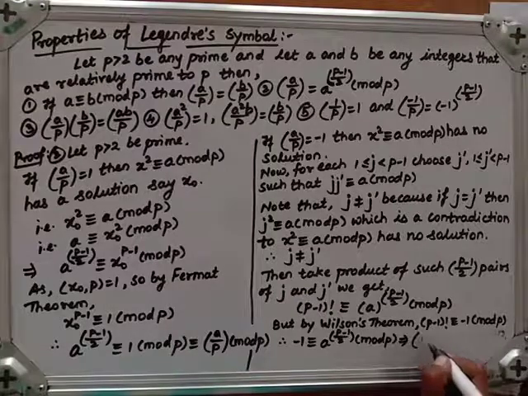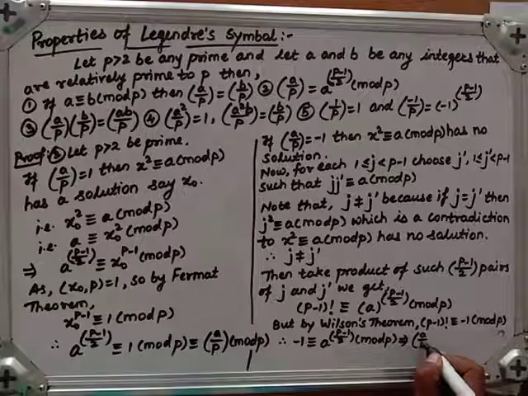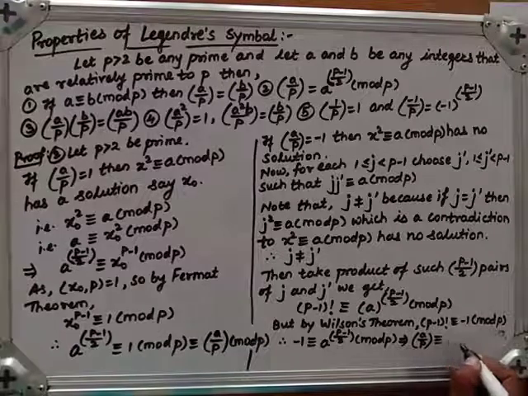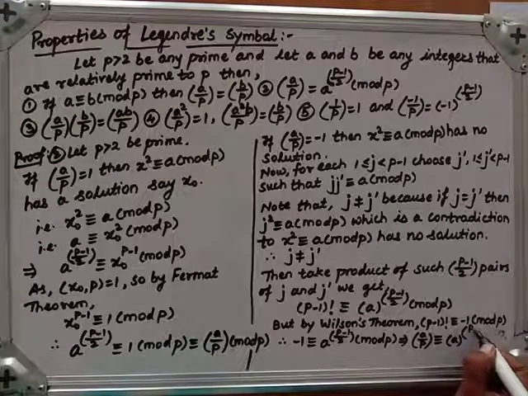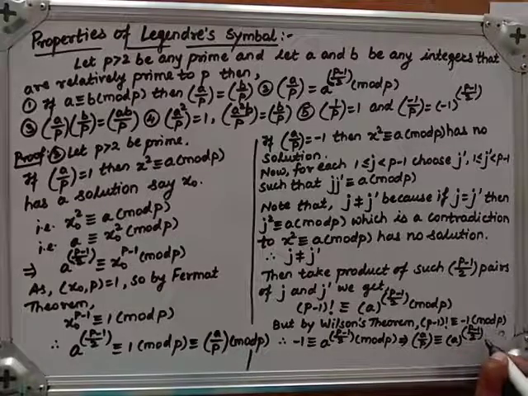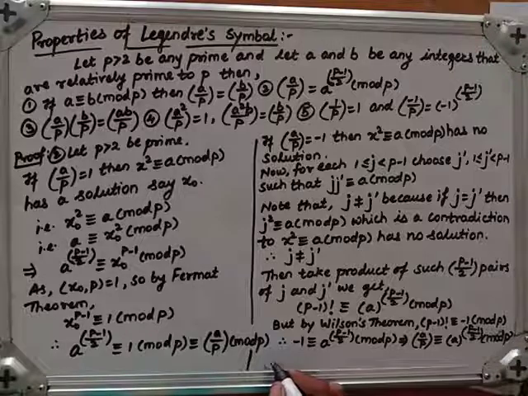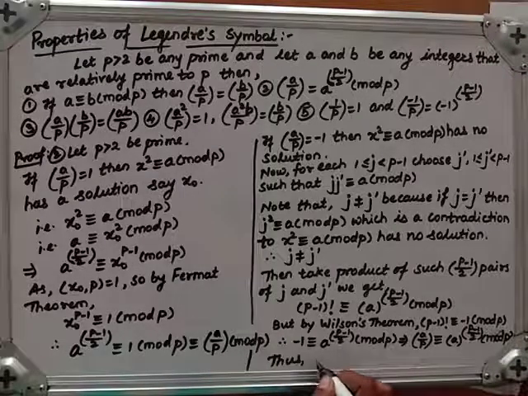That is, Legendre symbol of a by p is congruent to a raised to (p minus 1) by 2 modulo p. Okay. Thus, what can we say?